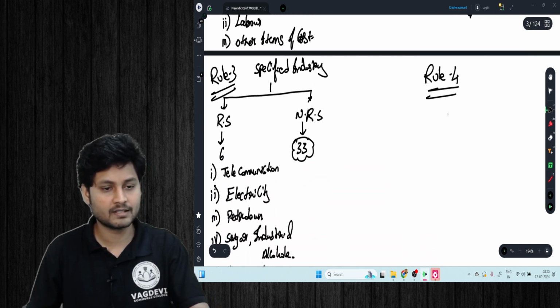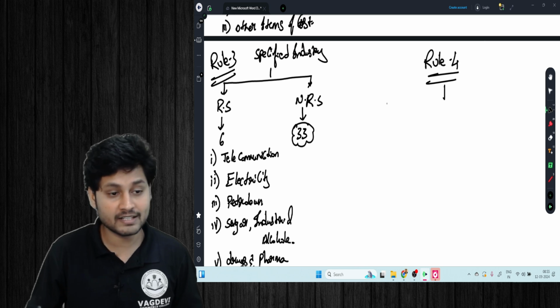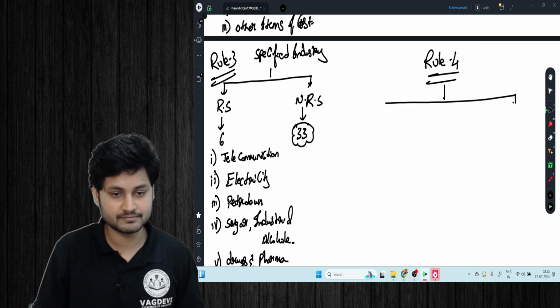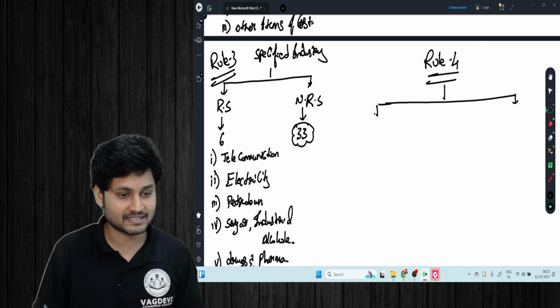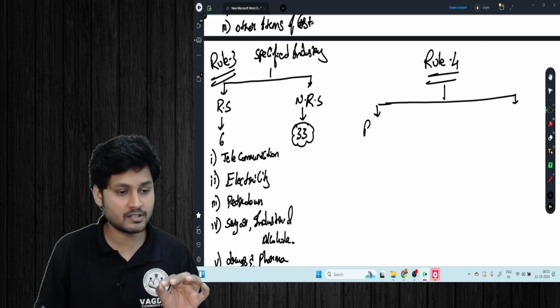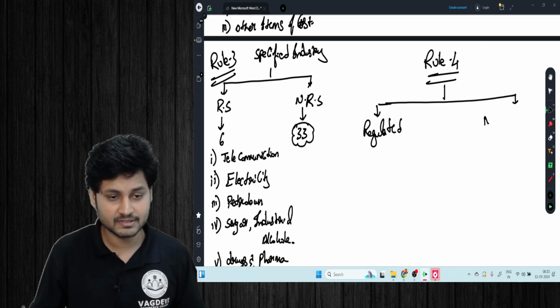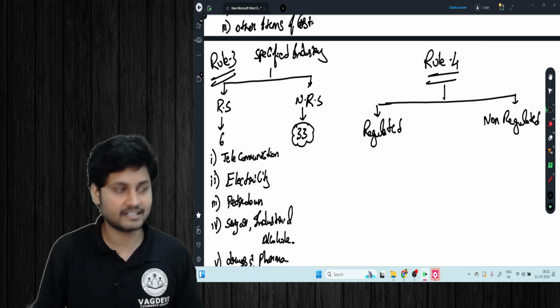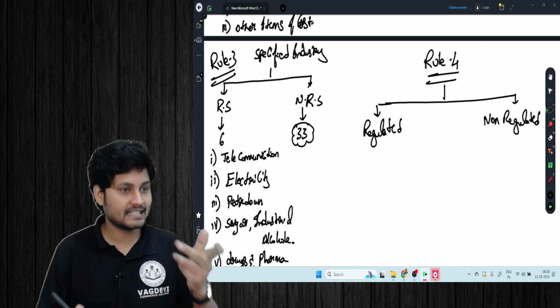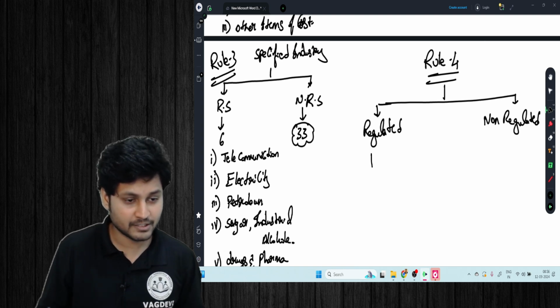So rule number 4 is divided into two aspects. One, it is regulated sector. The second one is non-regulated. So if it is regulated sector, then you need to check two conditions.